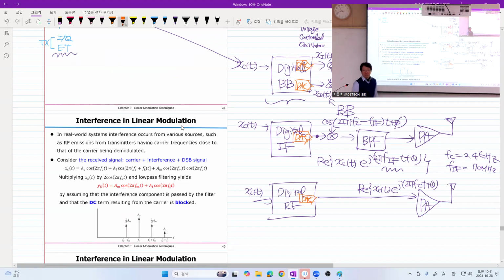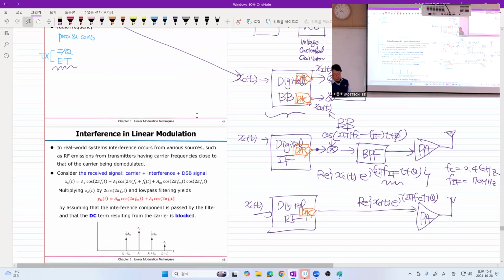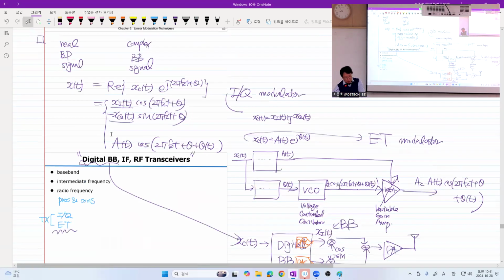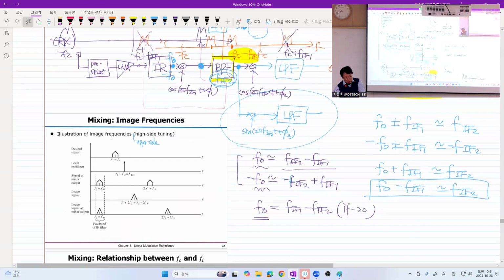It may be possible. Okay? So you can do the same thing in the receiver. And each one may be called a digital baseband receiver, digital IF receiver, digital RF receiver, something like that. Okay? So these are the terminologies I want to emphasize.